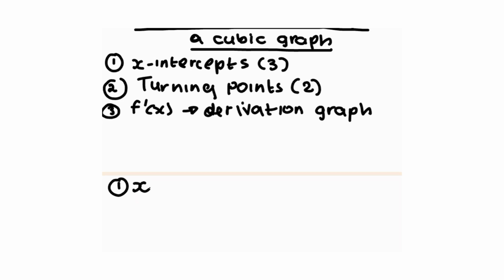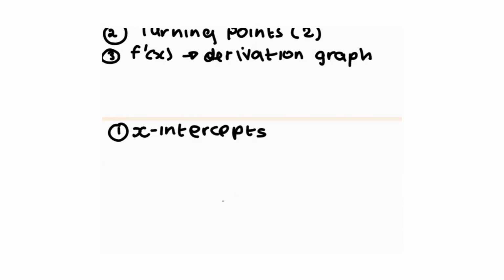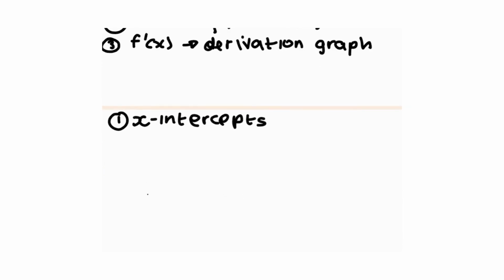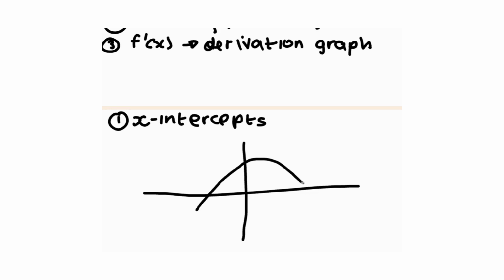If they give you x-intercepts, how do you find the equation of a cubic graph from x-intercepts? So let me draw just a typical cubic graph that goes like that, and our graph passes at that point, and also at that point.